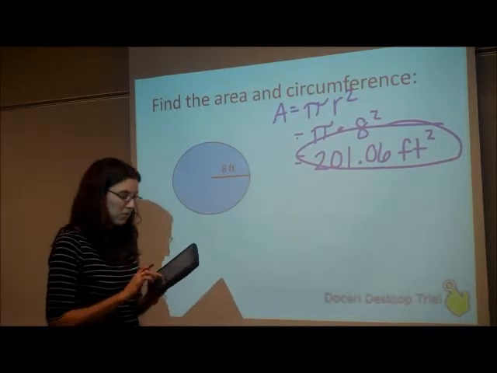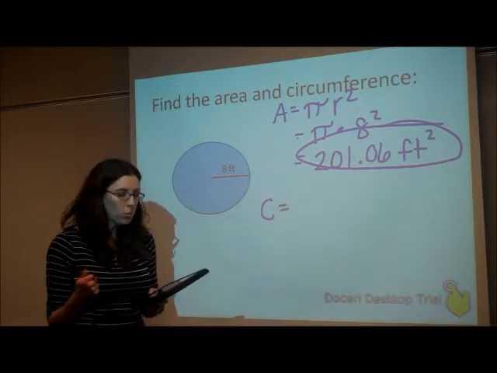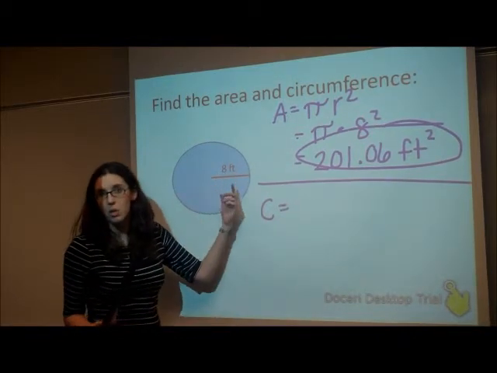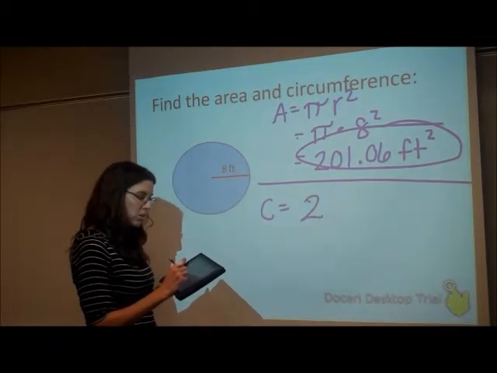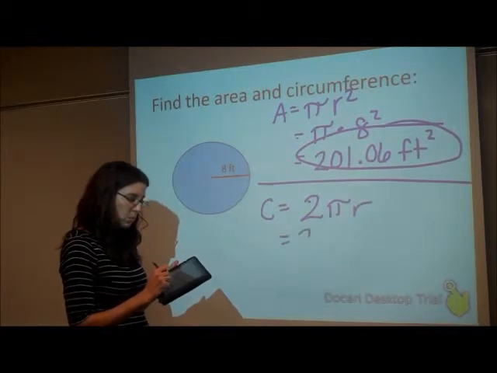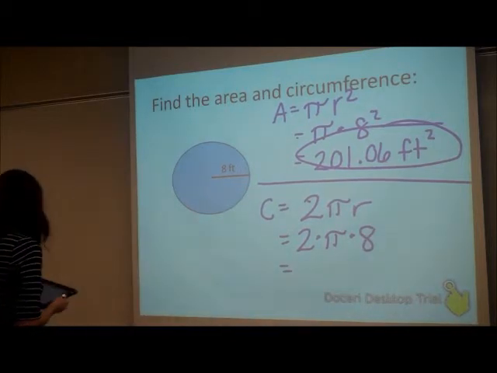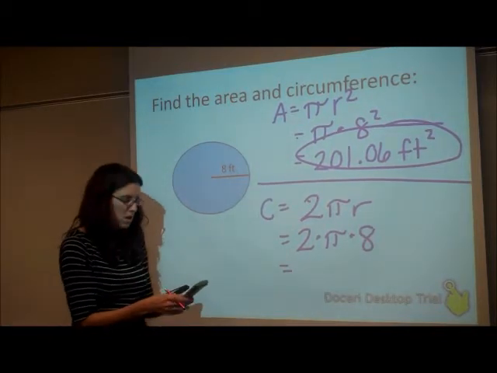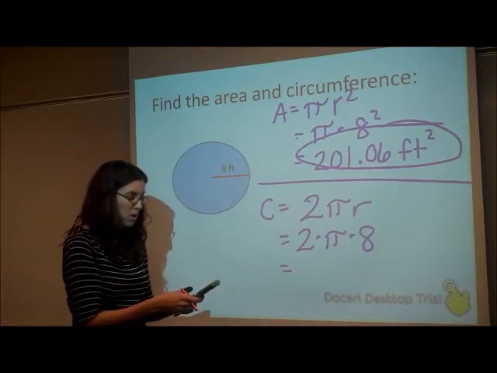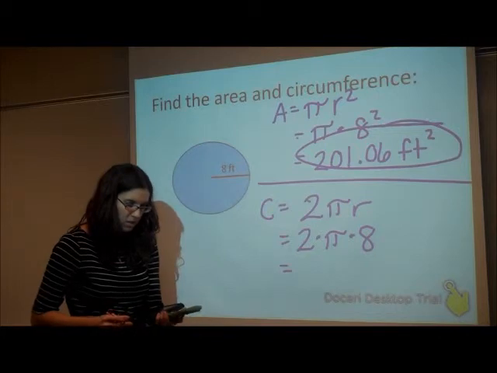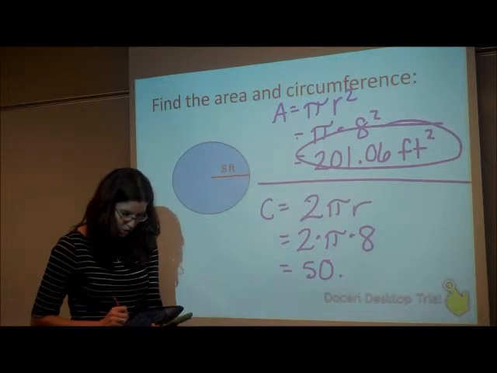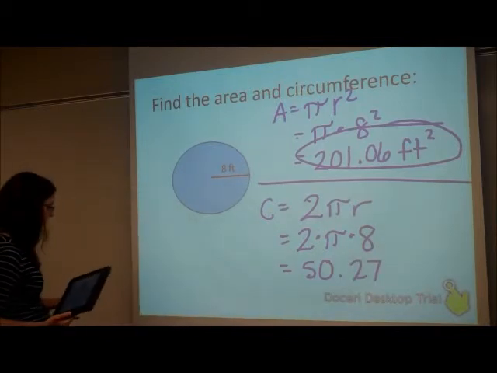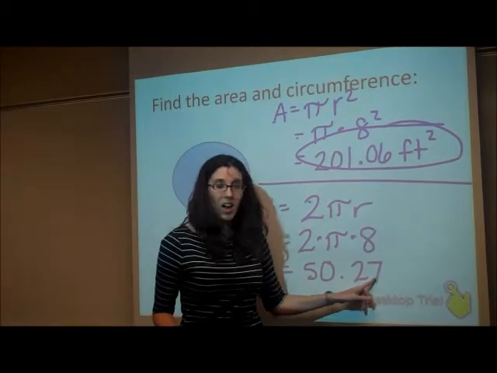Now, I need to find my circumference. Again, if you want to use double this and use the diameter, pi times diameter, that's fine. I'm not going to because I was given the radius, so I'm using 2 pi r. So putting in my numbers, it will be 2 times pi times 8, which will be 50.27, so I bumped that up.